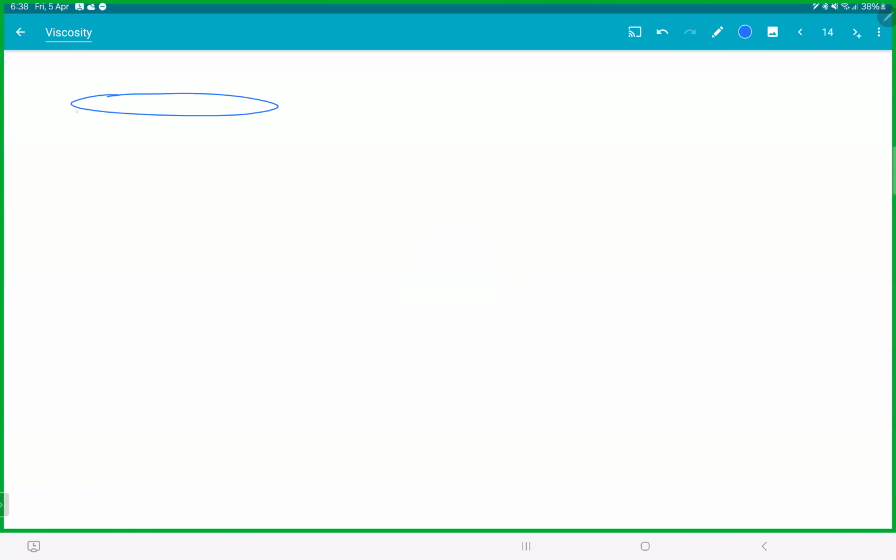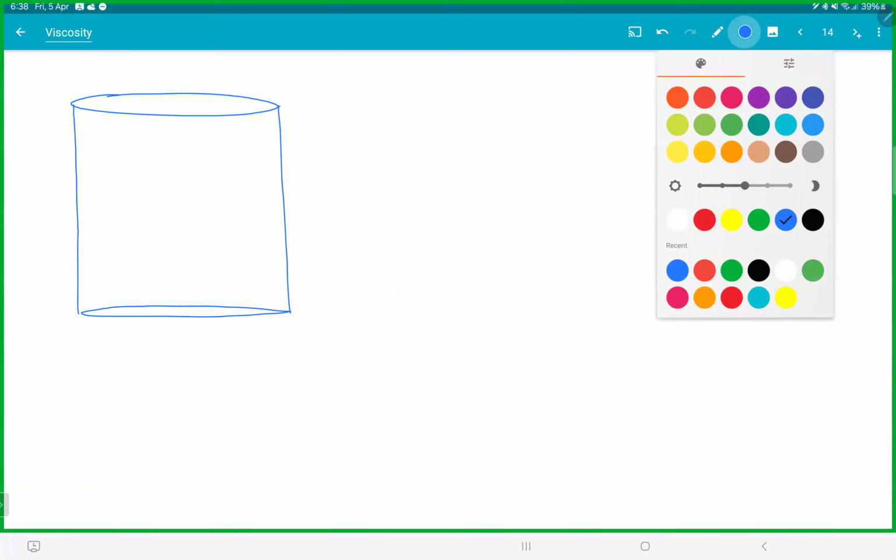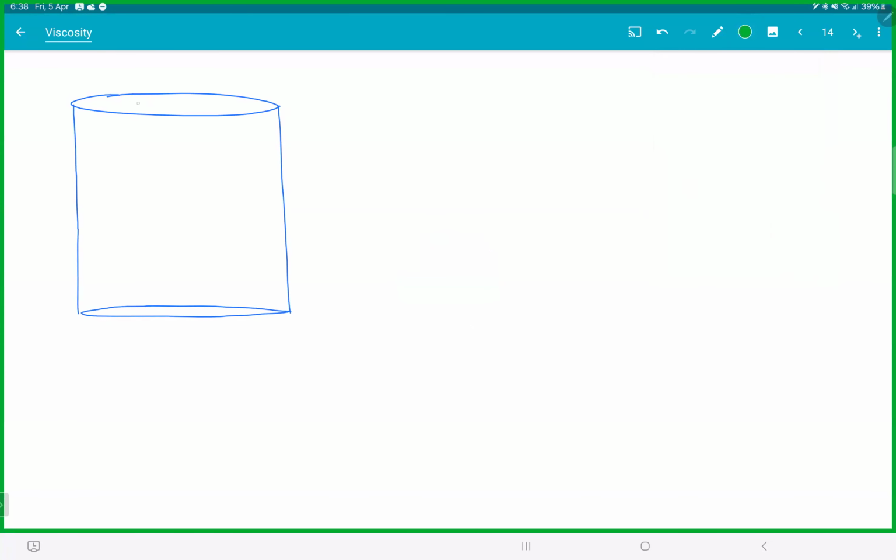So when you take this, consider a layer here. At a distance x, take a thin layer dx.